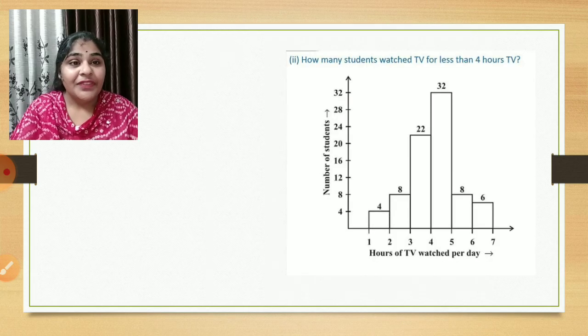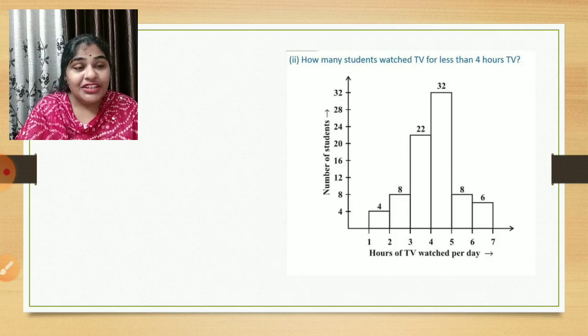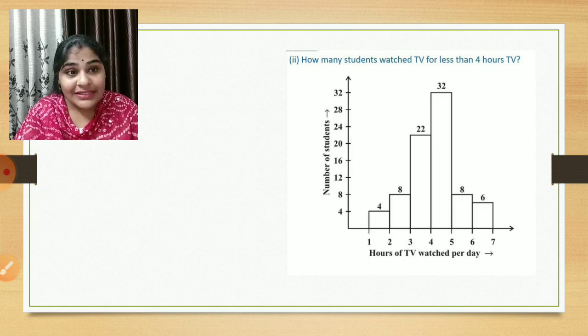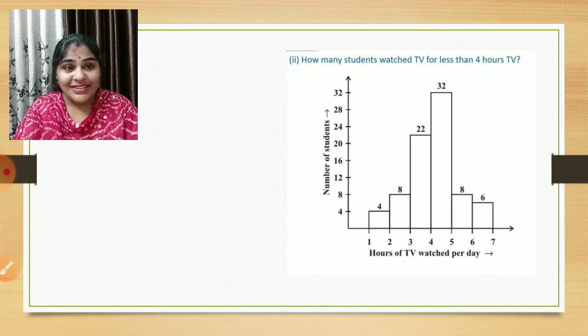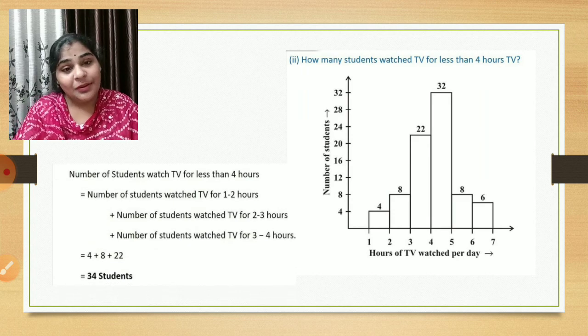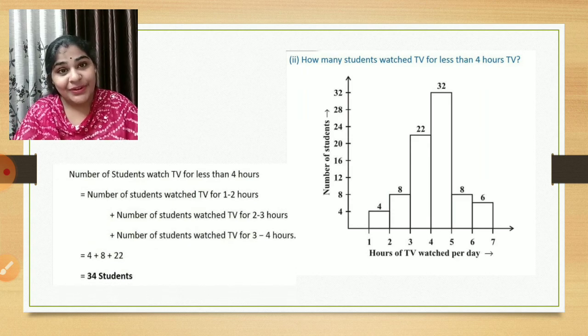Let us proceed. How many students watch TV for less than 4 hours? Less than 4 hours means it will be the intervals from 1 to 2 hour, 2 to 3 hour and 3 to 4 hour, but not more than 4 hour. So you have to now add 22 plus 8 plus 4, that is nothing but equal to 34 students.